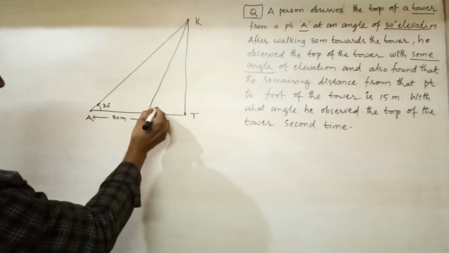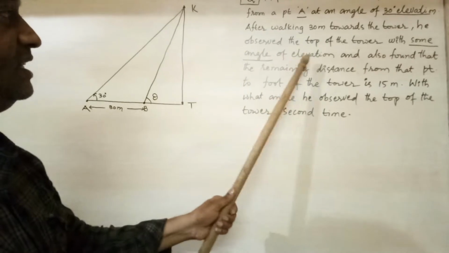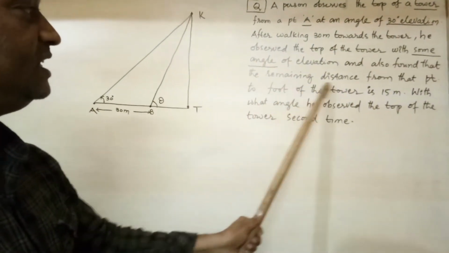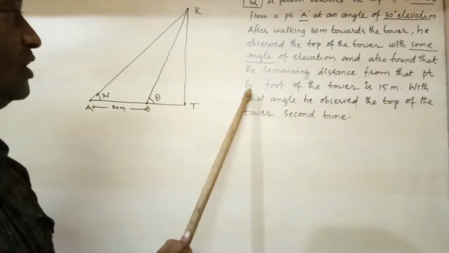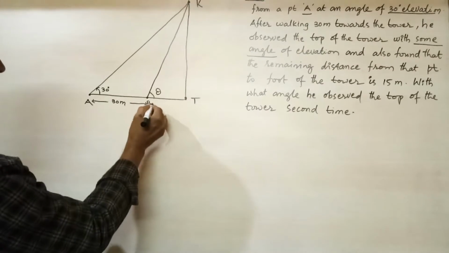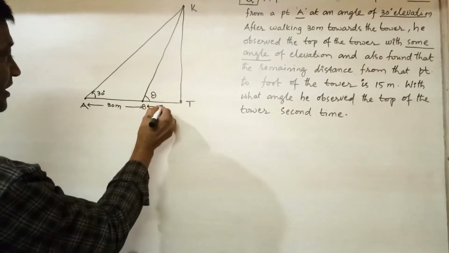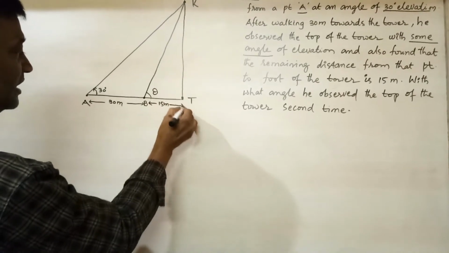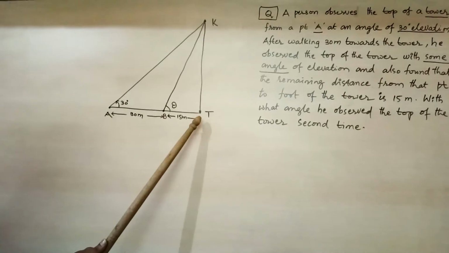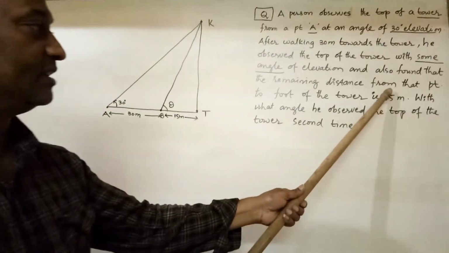Suppose that angle is theta. He also found that the remaining distance from B to the foot of the tower is 15 meters.